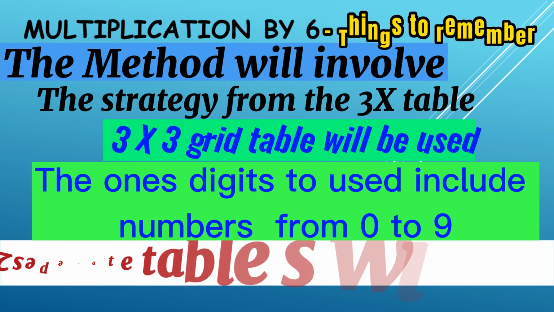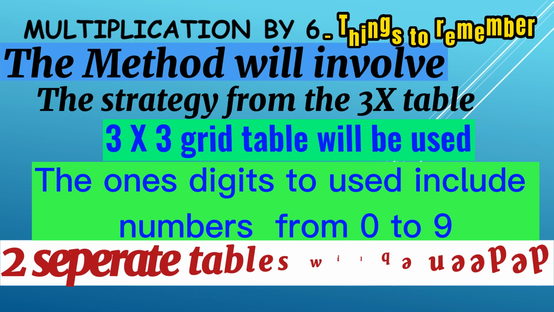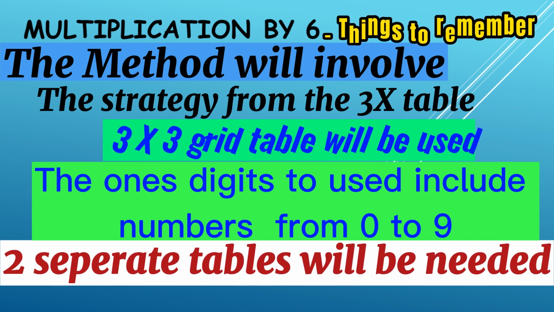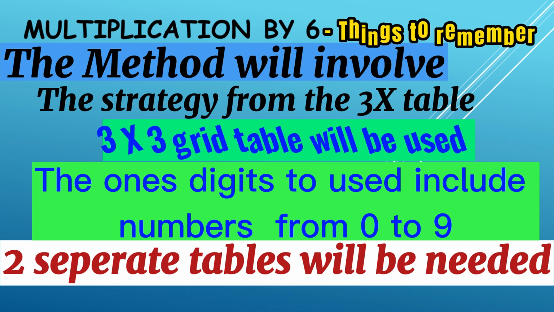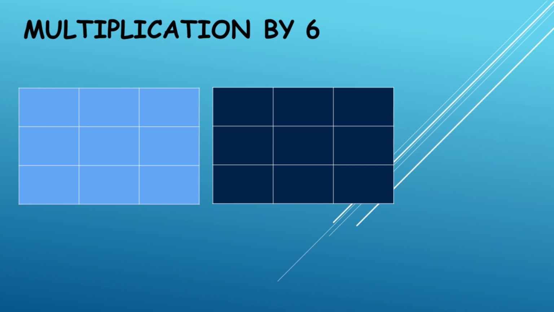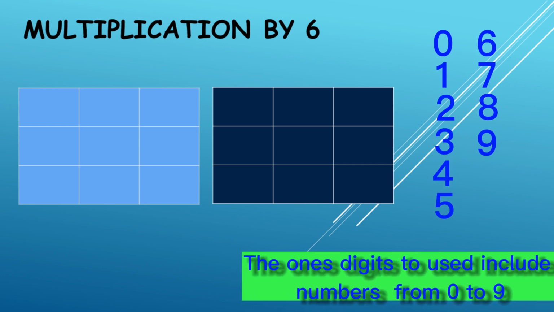But for the 6 timetable, we will need 2 separate grid tables. We will then list the same numbers as we did for the 3 by 3 grid table. Are you ready? Very good. 0 goes outside the table, and then 1 to 9 goes inside. So for the first table, let's go.